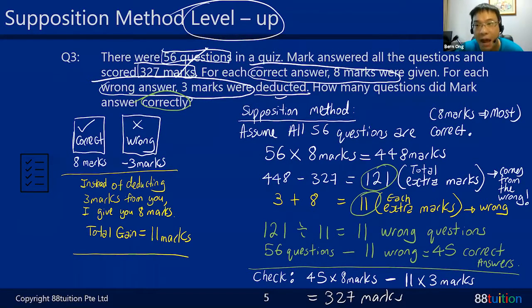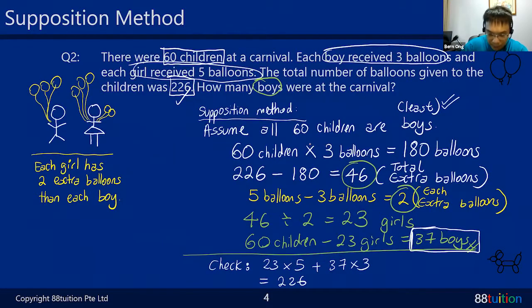So this type of question is level up. Can you see the slight difference? If you look at the operations only, the times and divide and all this, down here we start off with times, minus, then this one is different, plus, then divide and minus. Compared to example 1 and 2, it's times, minus, then divide, then minus.